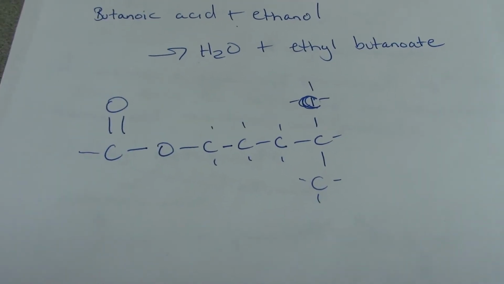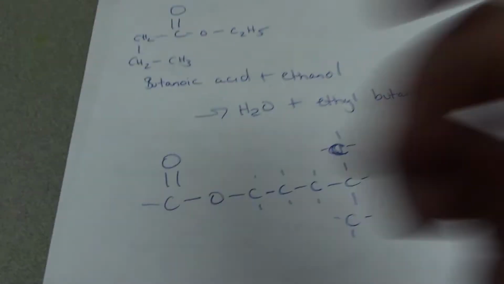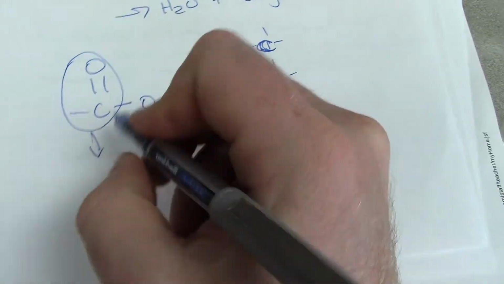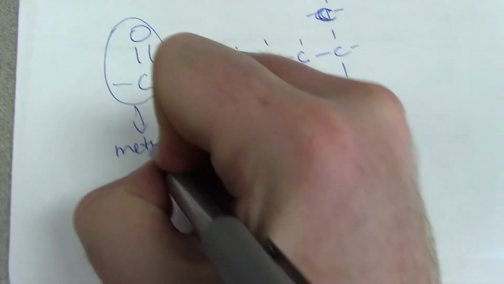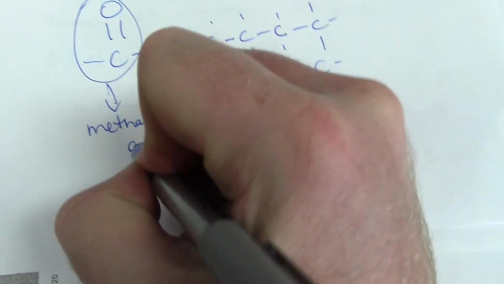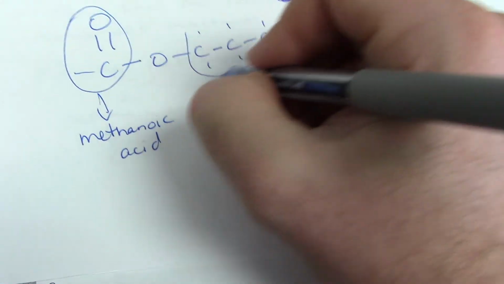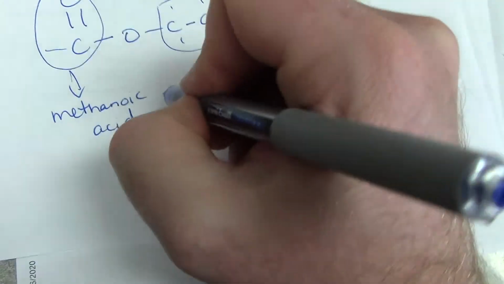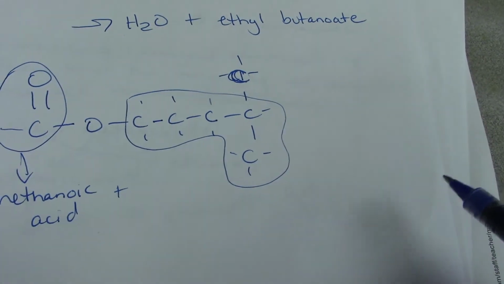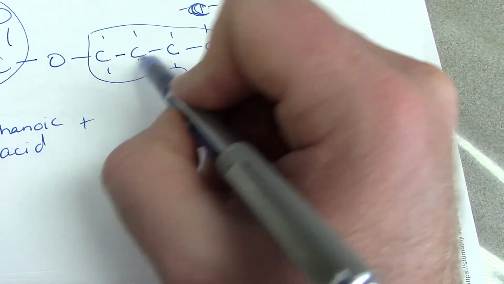Okay, so there's your skeleton equation. This side is the carboxylic acid side. There's 1 carbon, so that's methanoic acid. And then this side, that's the longest chain. That's pentanol.